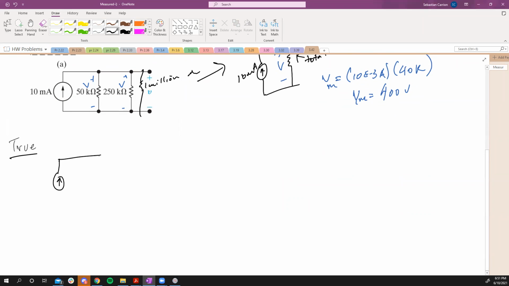If we don't account for the million, we're going to say 1 over 50,000 in parallel with 1 over 250,000, all to the power of negative 1. Yeah, this would be our value.